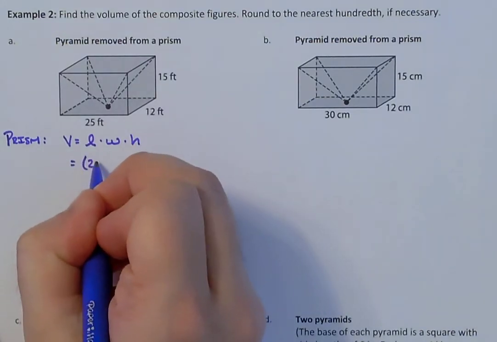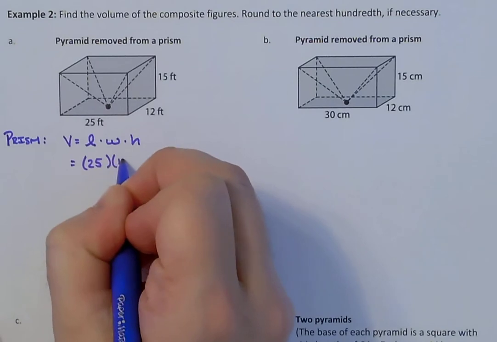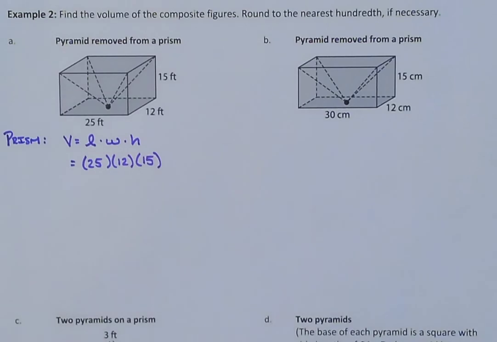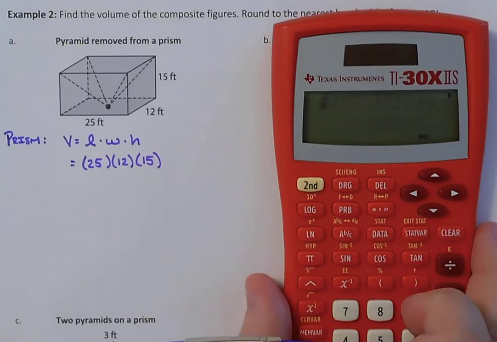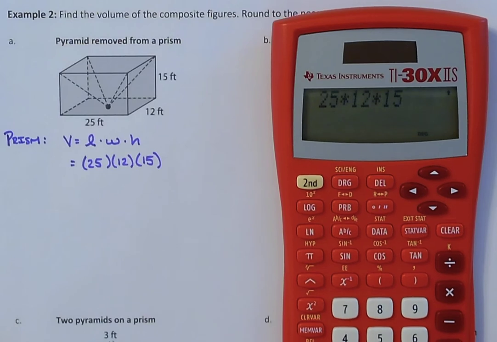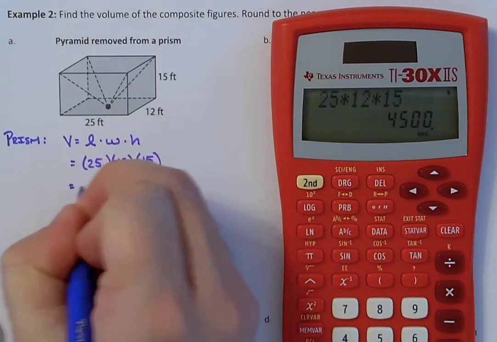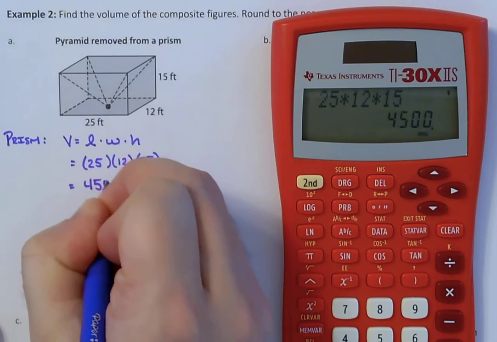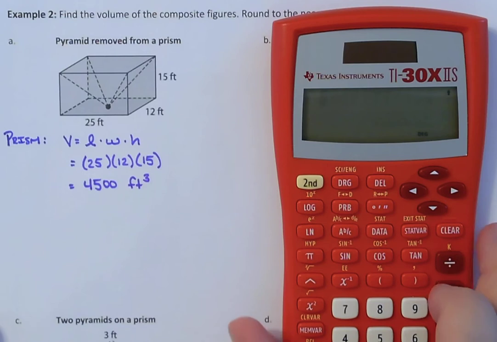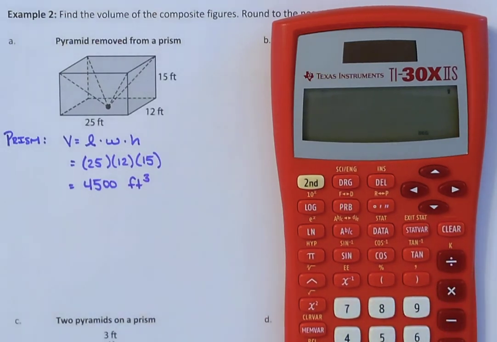So we're going to multiply 25 times 12 times 15. That tells us the prism is 4,500 feet cubed. All right, so I now know the volume of the prism.